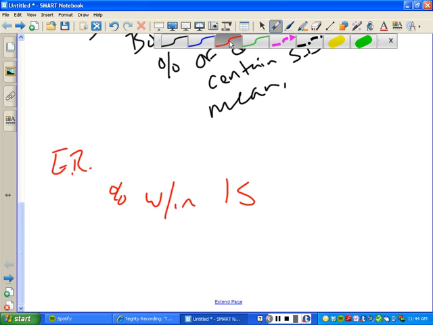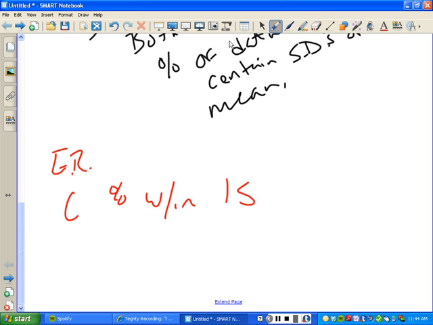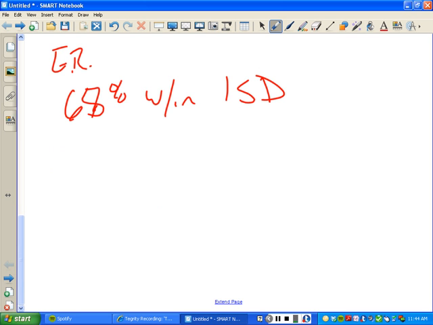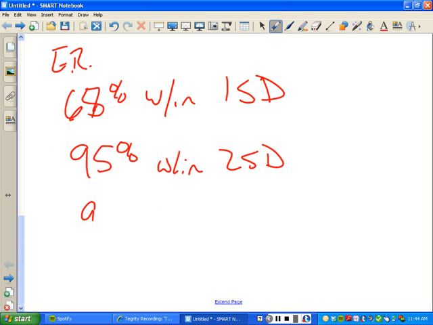There you go. 68% within one standard deviation. 95% is within two standard deviations. 99.7% is within three standard deviations.